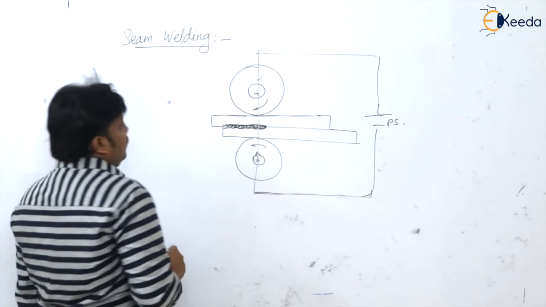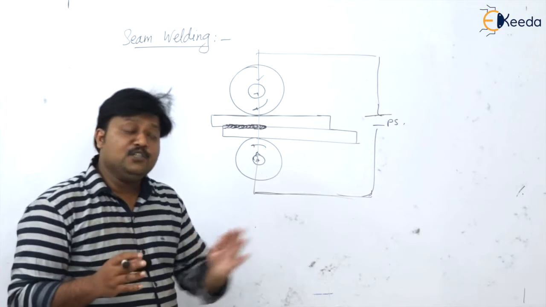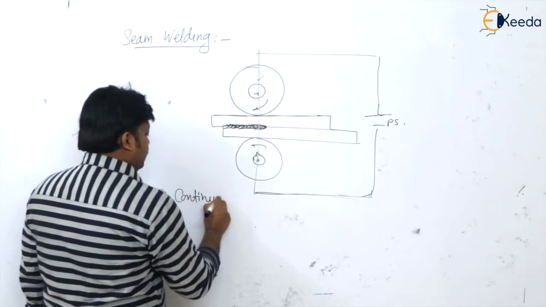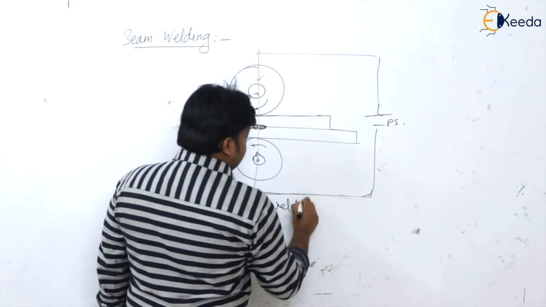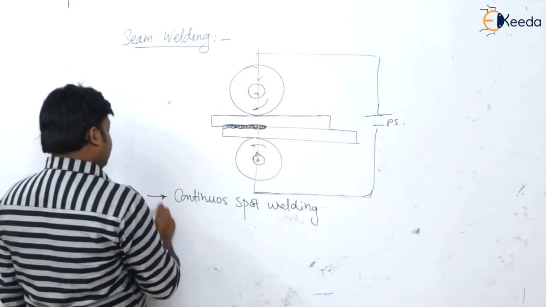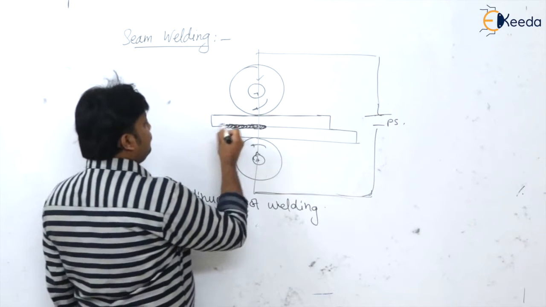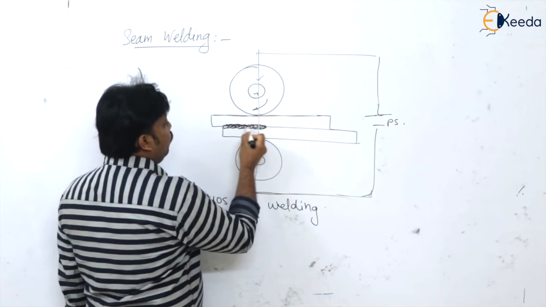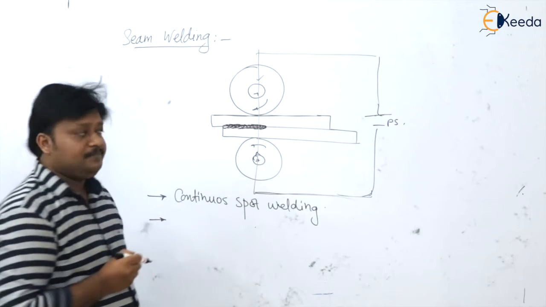So what is seam welding? Seam welding is nothing but continuous spot welding. Continuous spot welding is nothing but seam welding. See here, you can see the number of spots which are overlapped over each other to form the entire joint.